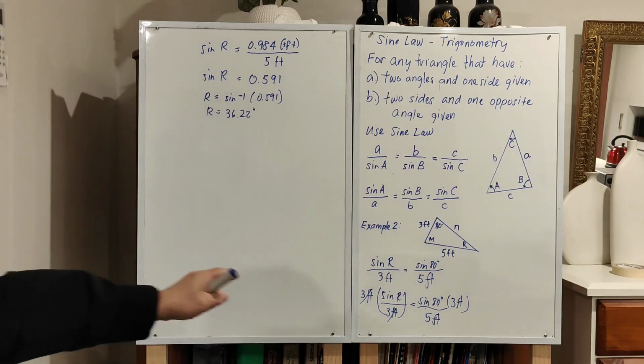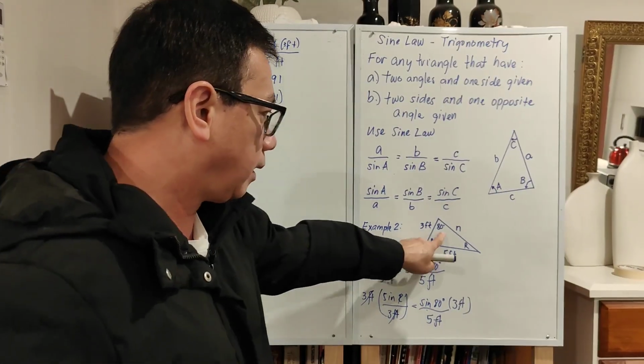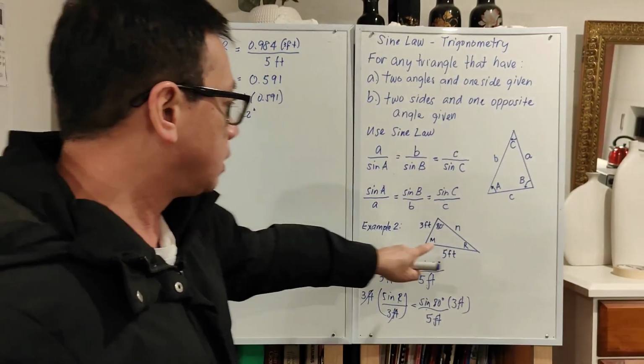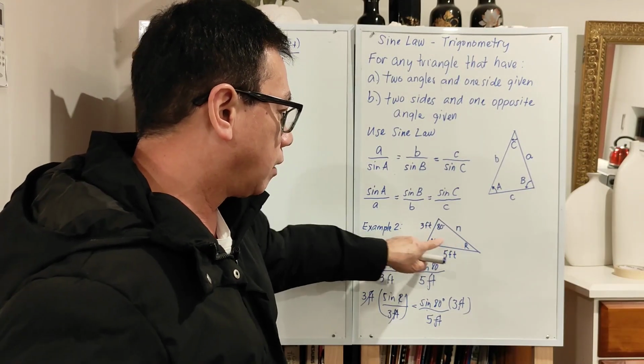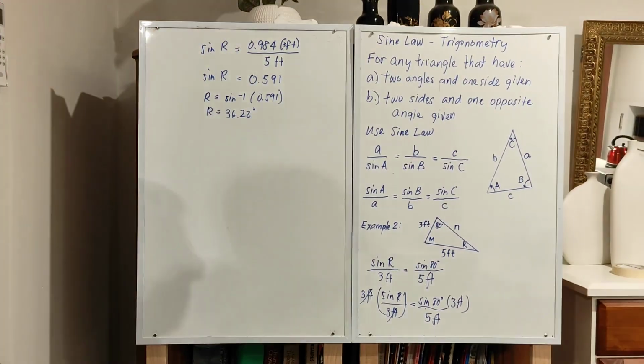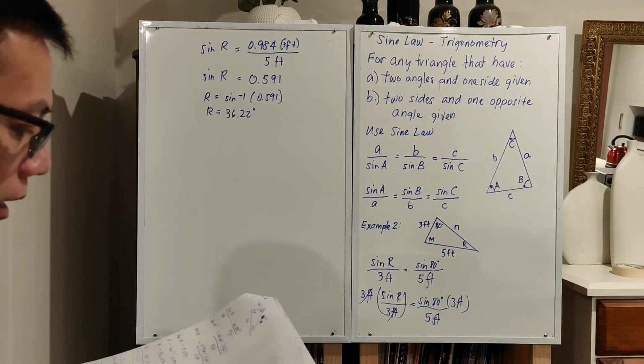We now have two angles. We have 80 degrees, and we have 36.22 degrees for angle R. We can now solve for M because the total internal angles of a triangle is 180.